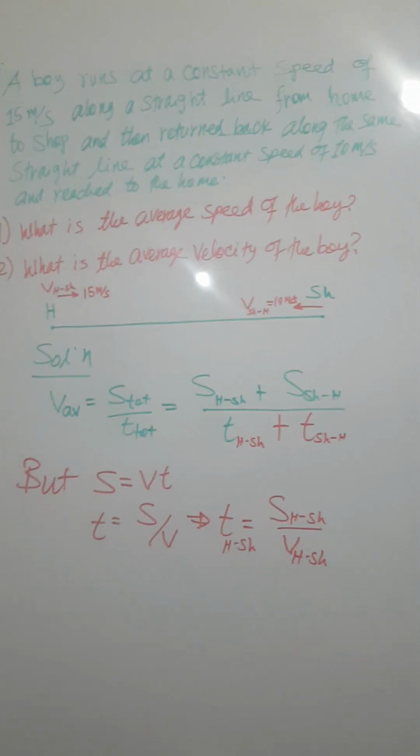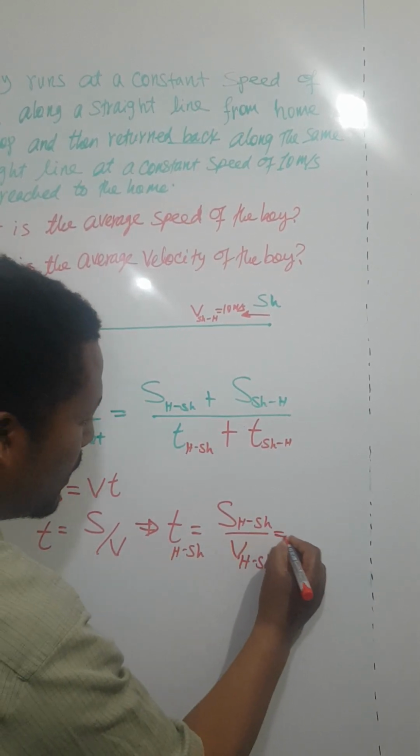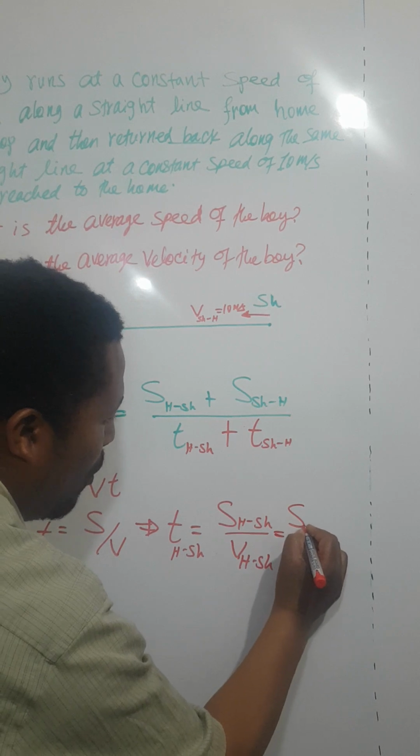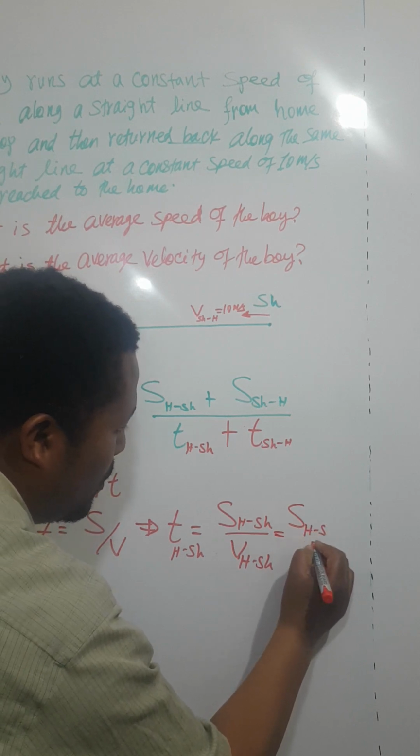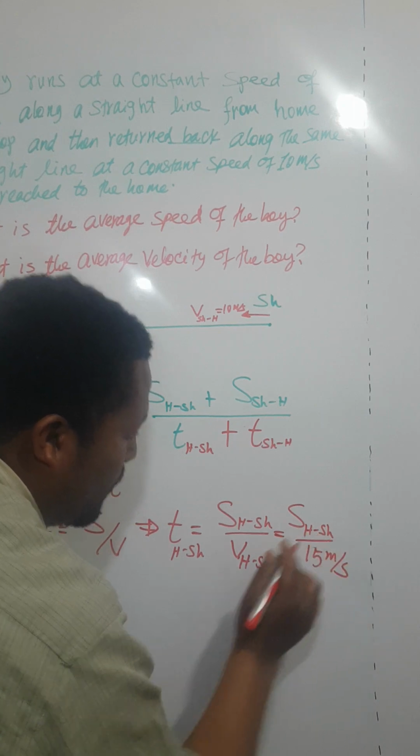The speed here is 15 meters per second, so this is the distance from home to shop divided by 15 meters per second.